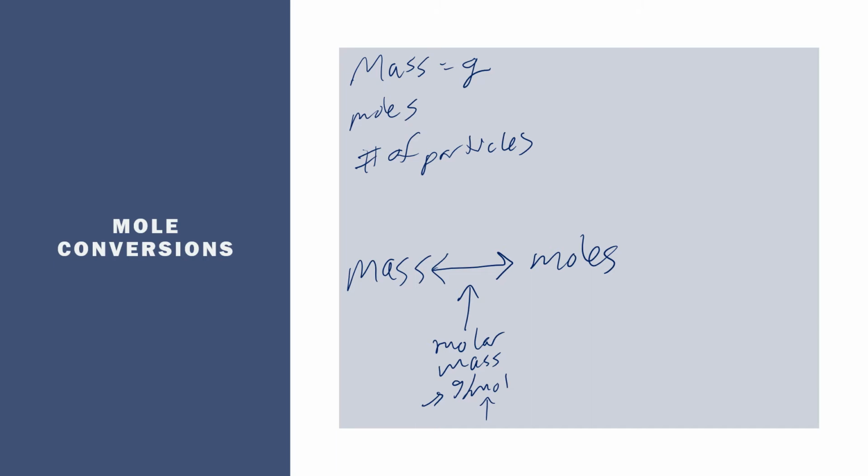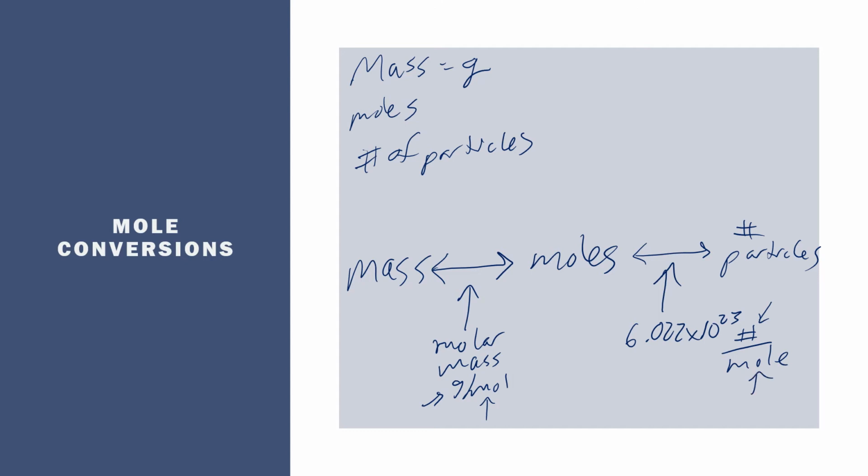Once you have moles, you can get to the number of particles using Avogadro's number, which is 6.022 times 10 to the 23rd, and that's the number of things per mole. Notice how number of particles and moles are both there.